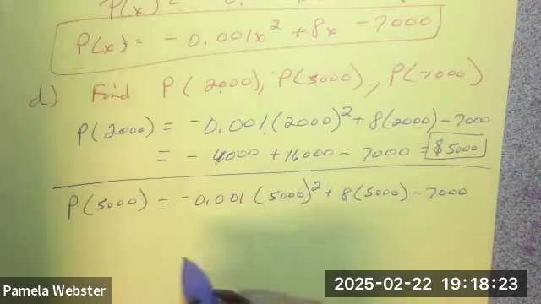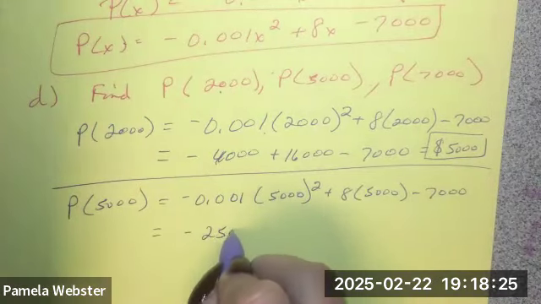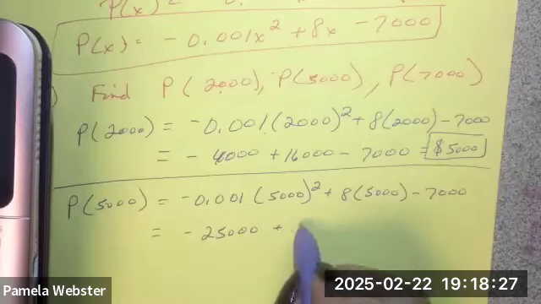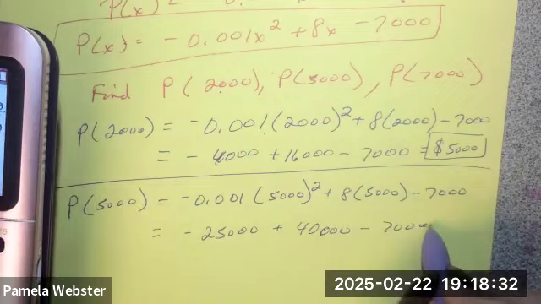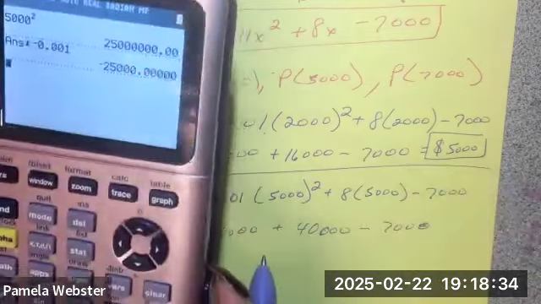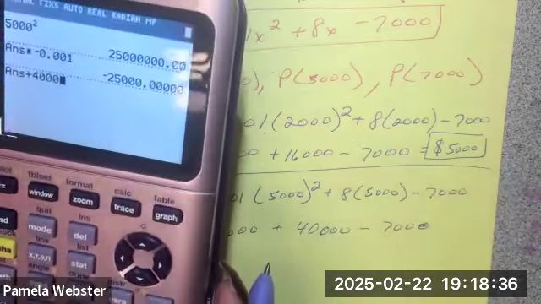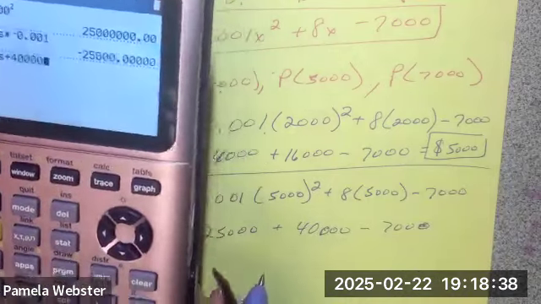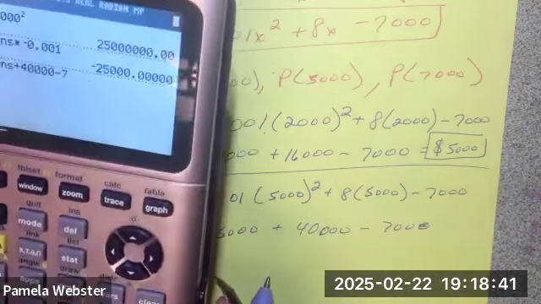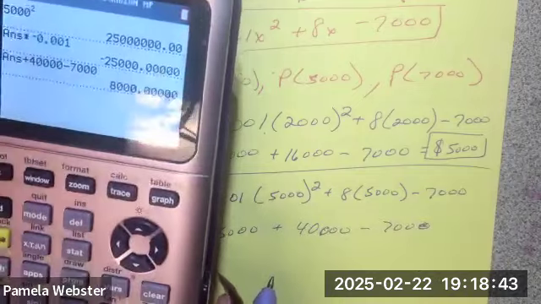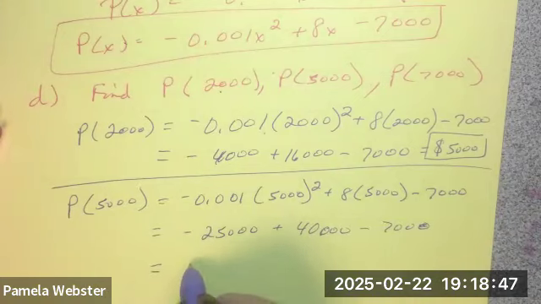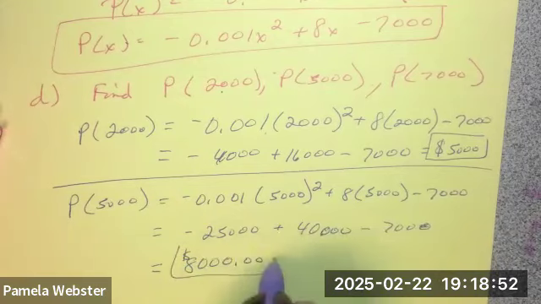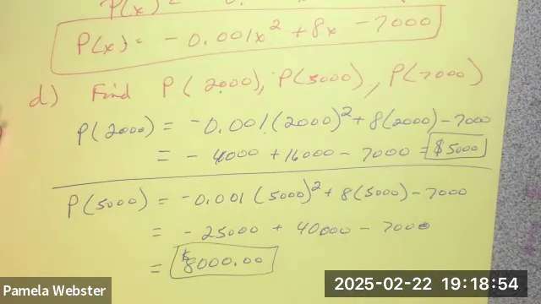That's a negative 25,000 plus 40,000 minus 7,000. Okay, so if I sold 5,000 of these units, I could expect to get $8,000 in my pocket as profit.